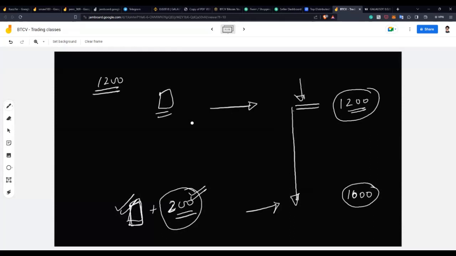Generally, when we take a short position, it's not this simple. It's a little bit more complex, because what we do in the exchange is we borrow coins from the exchange. We create a future contract. That's what we call a future contract. If you guys have time, read about it. What is a future contract? What is a short position? What is a long position?